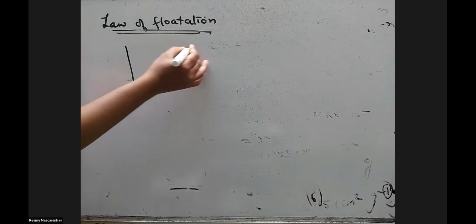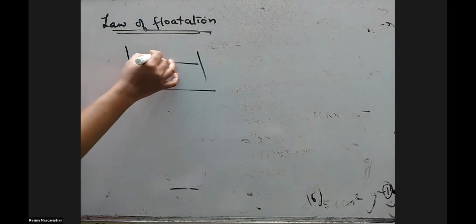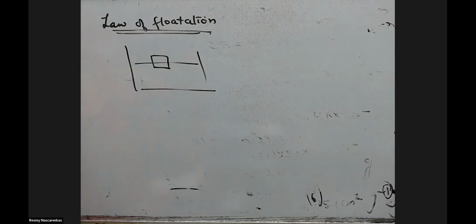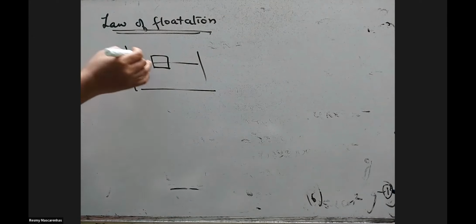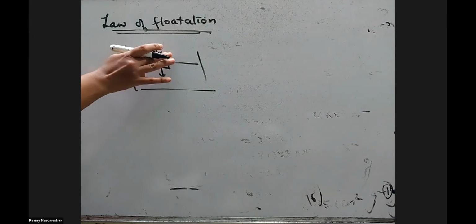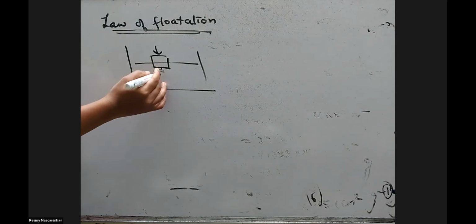Means, suppose if you put anything in the water, whether it should sink or whether it should float depends on the weight of the body. There's a weight of the body acting downwards, and there's something called the buoyant force from the liquid which is acting upwards.